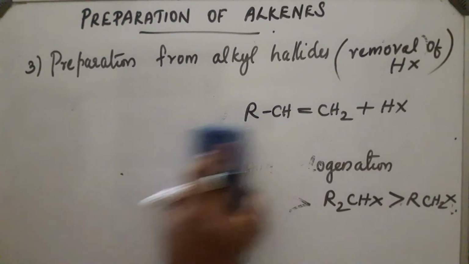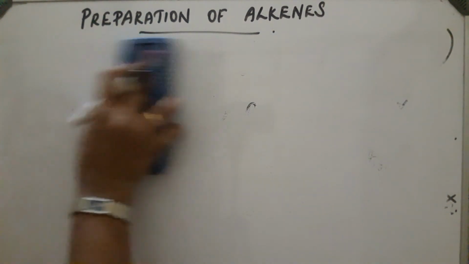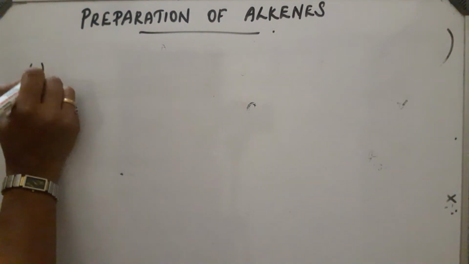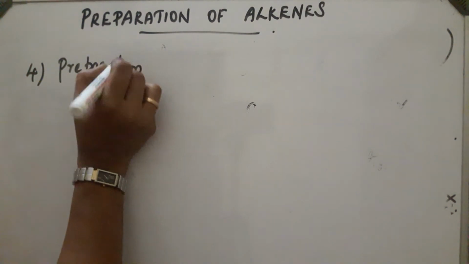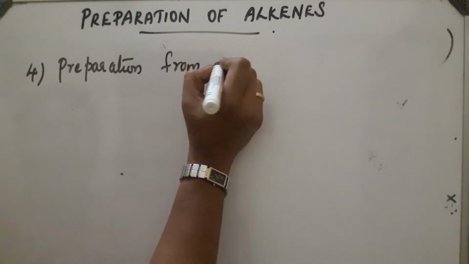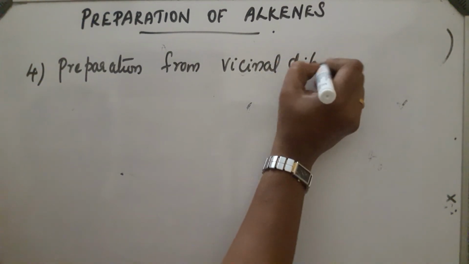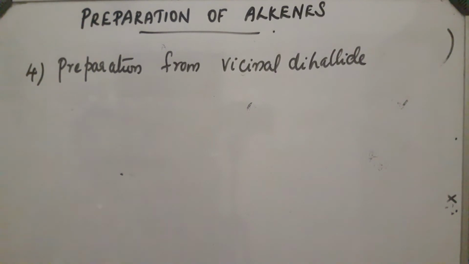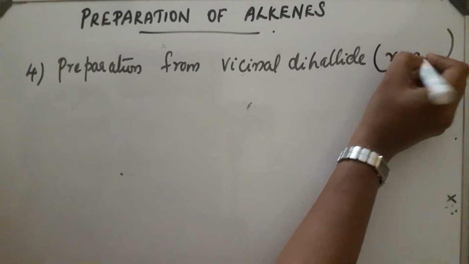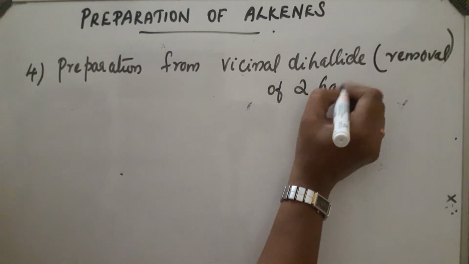Preparation from vicinal dihalides. What do you mean by vicinal? Here the removal of two halogen atoms takes place.